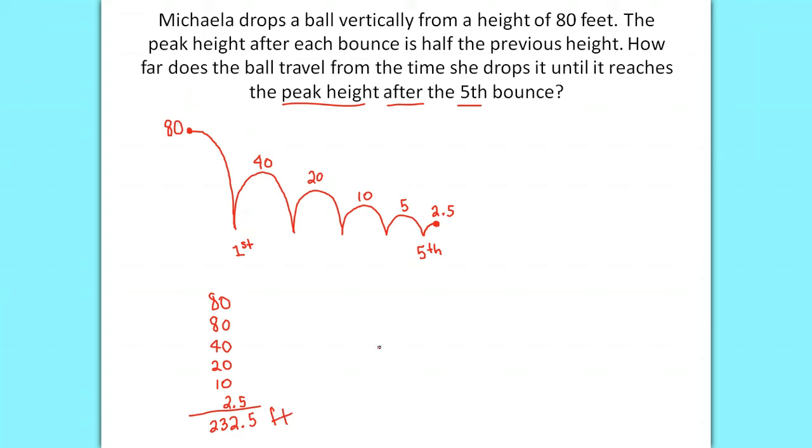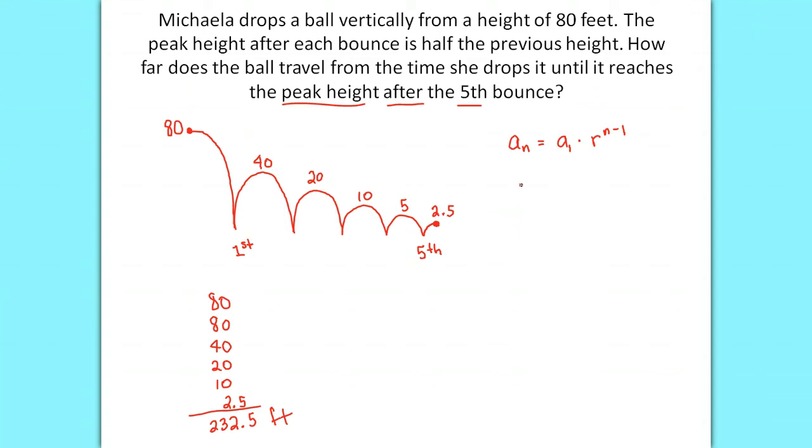Now if it was a different type of question, you can actually write an iterative rule for a geometric sequence. So the iterative rule in general is a sub n equals a sub 1 times r to the n minus 1 power.